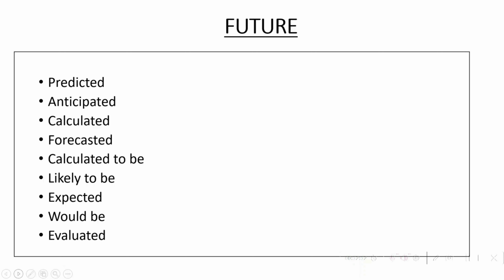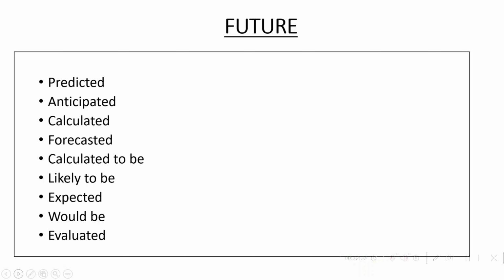Now coming to the future. There are a lot of predictions that we usually write in our essay, like it is predicted that in the future, in the year 2060, the polar ice caps are going to melt exponentially, causing a lot of cities to flood.